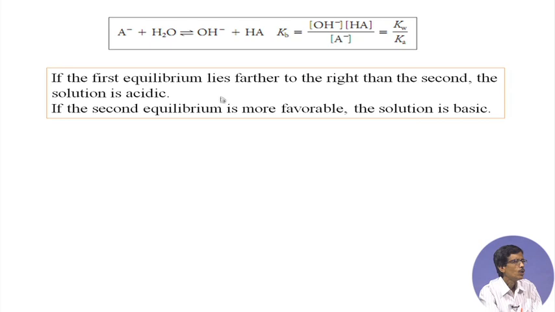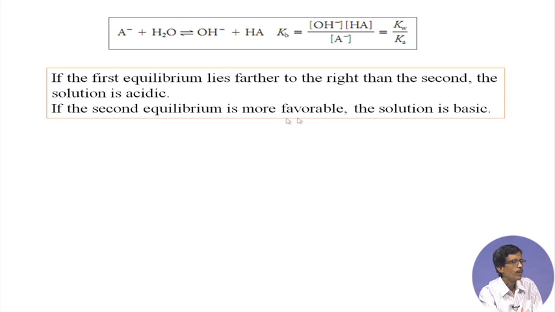That means the dissociation of acetic acid or any other acid gives you the acid form and its corresponding ions, and the solution will be acidic.